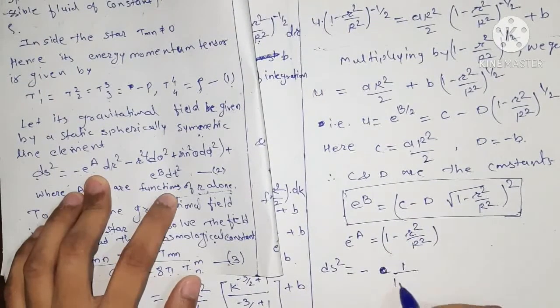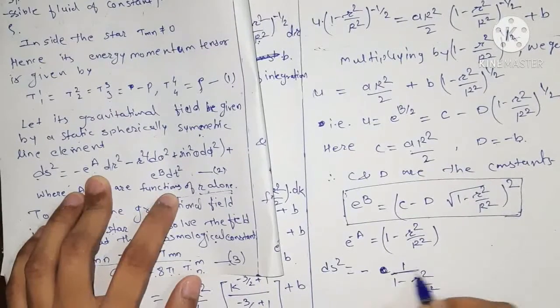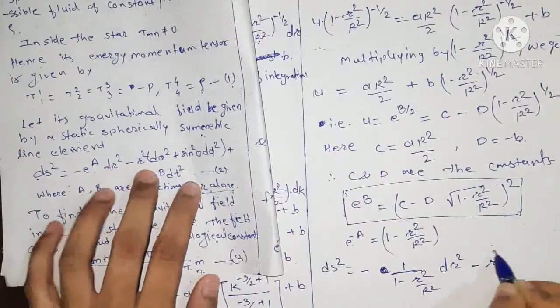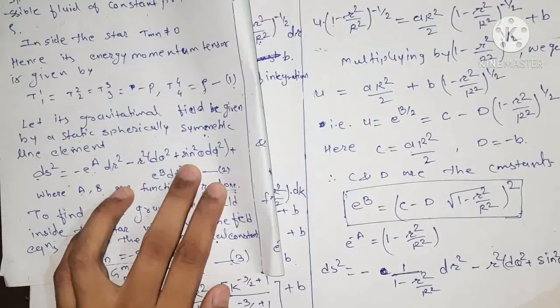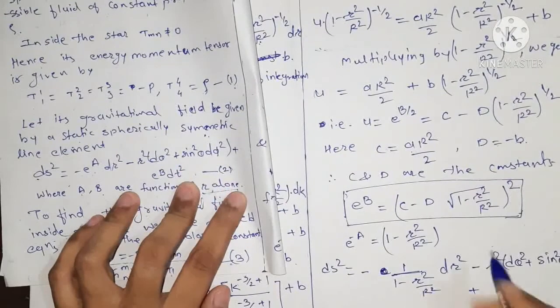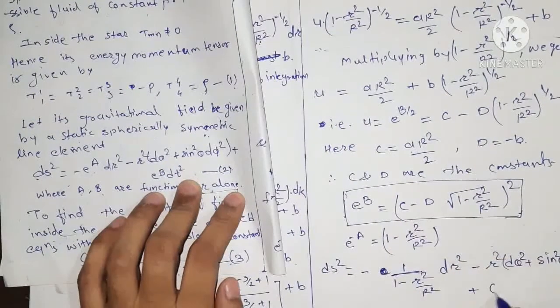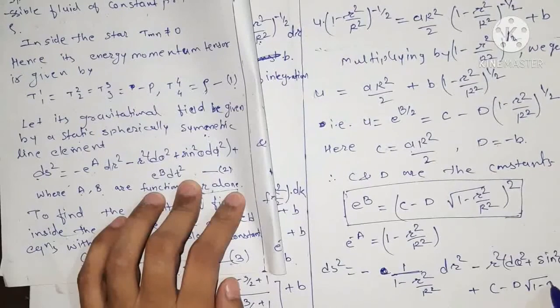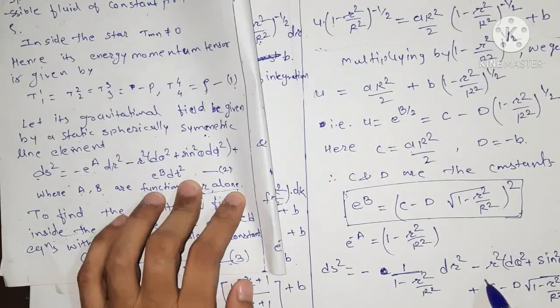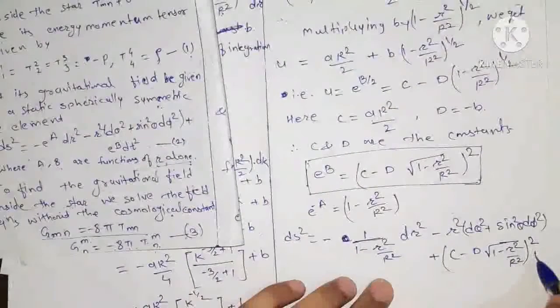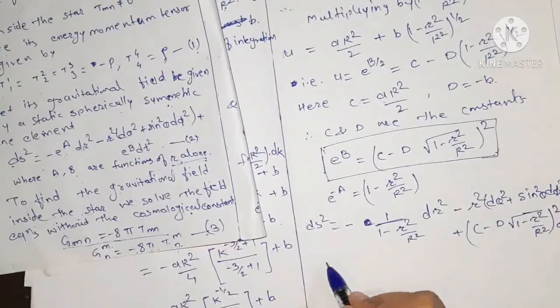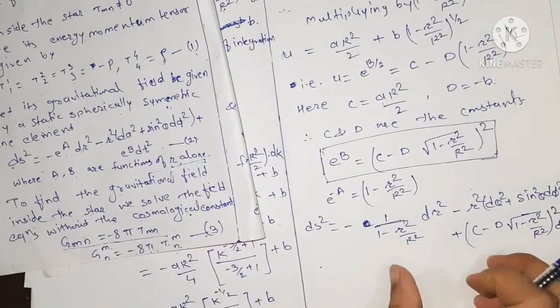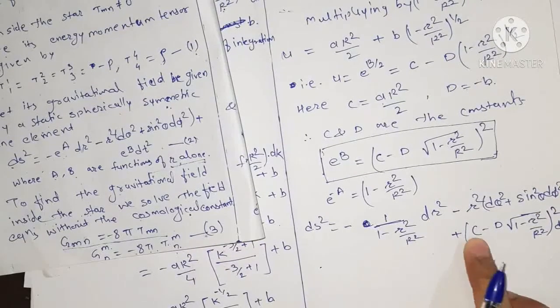So we have 1 upon (1 minus r square upon capital R square) dr square minus r square (d theta square plus sine square theta d phi square) plus e to the power b, which is c minus d under root of (1 minus r square upon capital R square) whole bracket square dt square. Okay, so this is the equation of the Schwarzschild interior solution in terms of constants c and d.